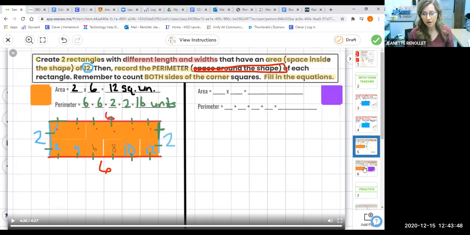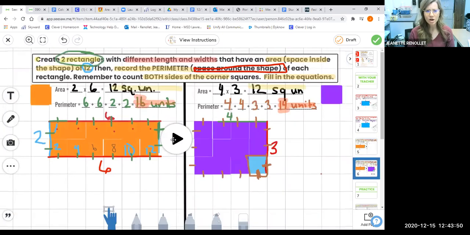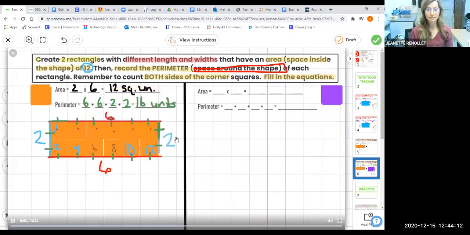So the next video on slide 6, we're going to see how Mrs. Sousa came up with another rectangle that also has an area of 12, but a different perimeter. It's a different shape than the first one she did. Let's focus and watch this example because this is what you're going to do today.